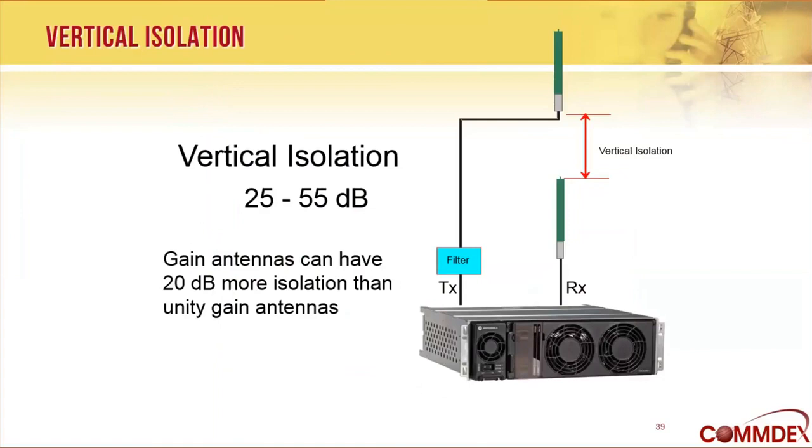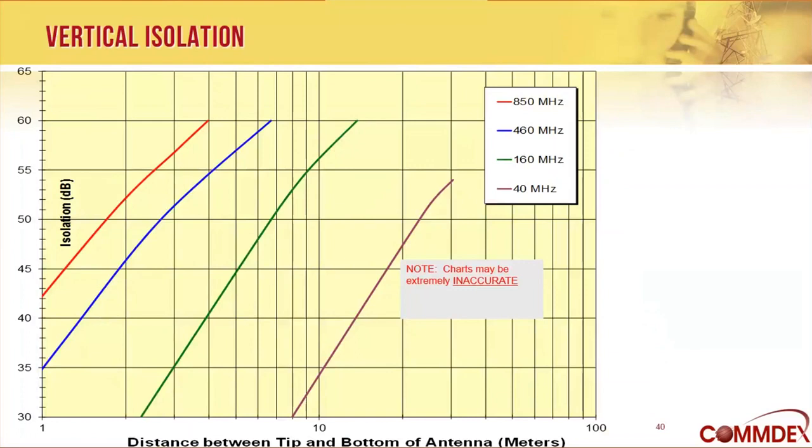These high gain antennas that we use have very little energy radiated above and below the antenna. So by vertically separating them, we can get a lot of isolation, anywhere from 25 to 55 dB in the vertical direction. Here's a curve which is not to be relied on, but just gives you an idea what vertical isolation will do for us.